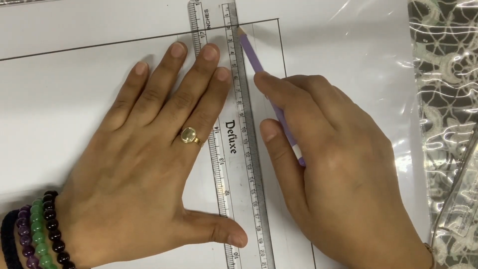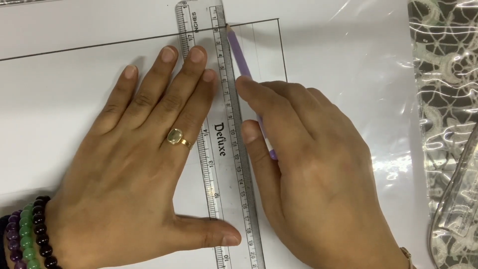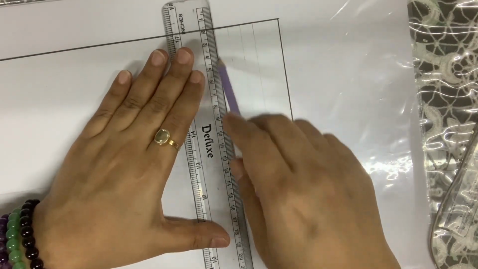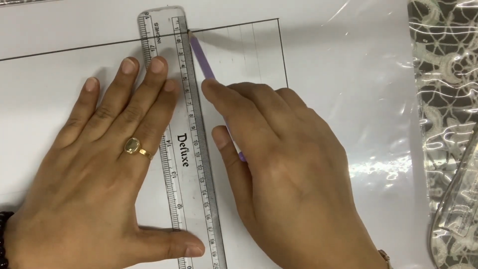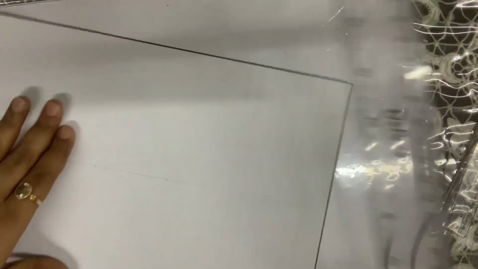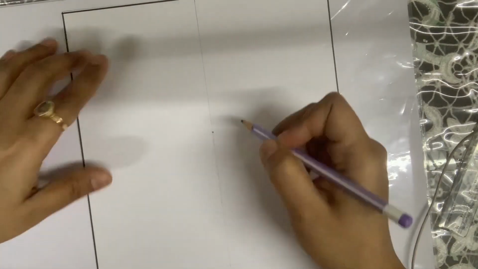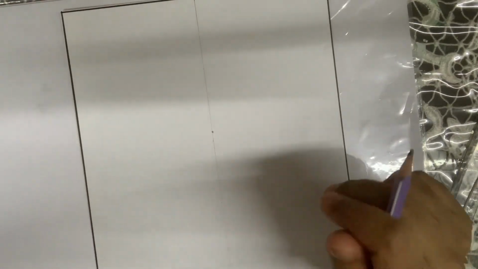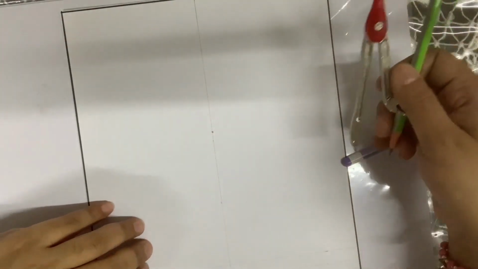Basically we are drawing a 1 centimeter line, so this is going to help us make people. Now mark the midpoint of this line where we are going to place our celebrations.